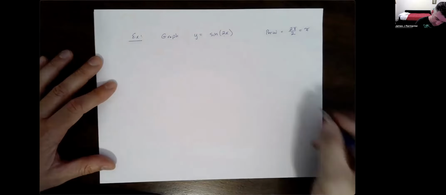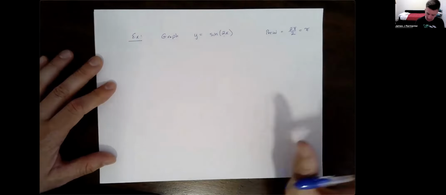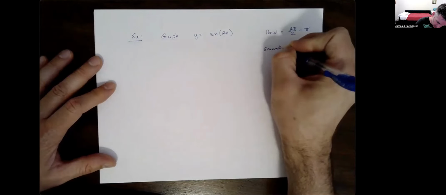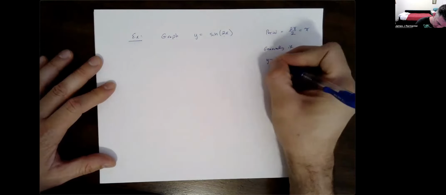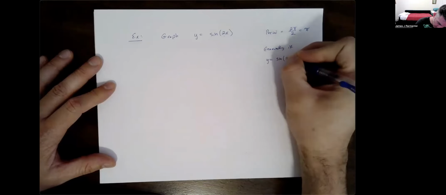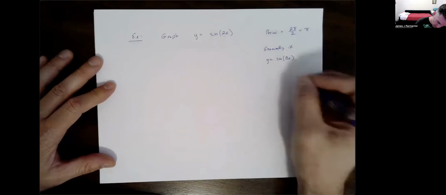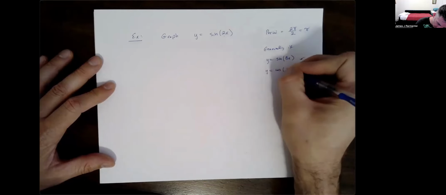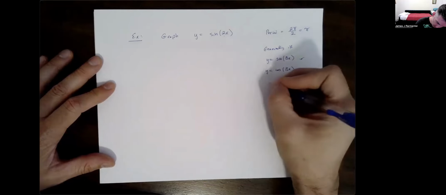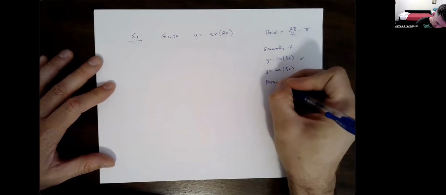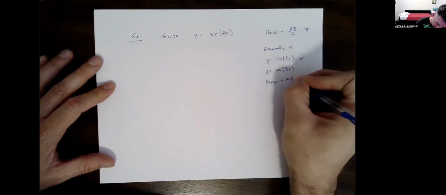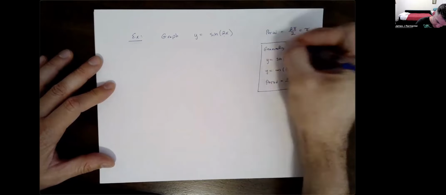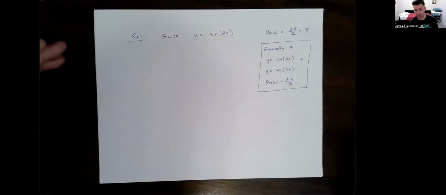Generally, if you have y equal to sine of some coefficient times x, or y equal to cosine of some coefficient times x, the period is equal to 2 pi divided by that coefficient. That's the usual rule.